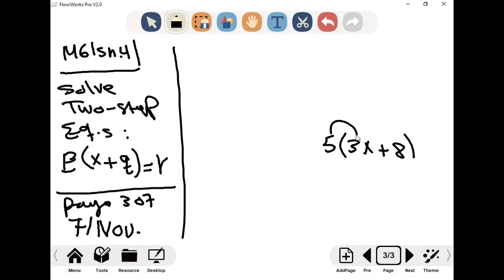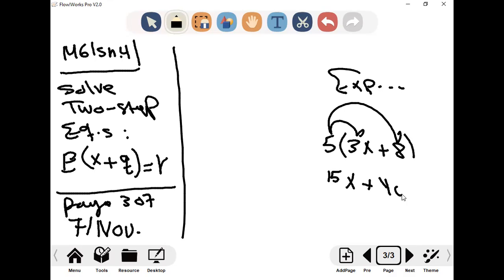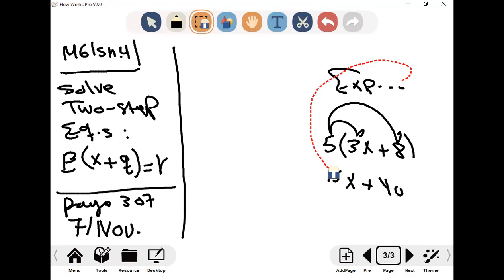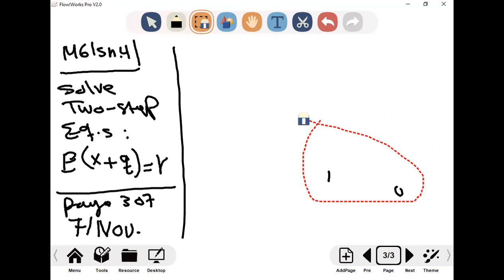We distribute the 5, we call it expanding. 5 multiply 3x is 15x, plus 5 multiply 8 is 40. We know how to expand a number outside the parentheses to inside. So how will we solve? First step, we expand the q outside to inside the parentheses. Get it?